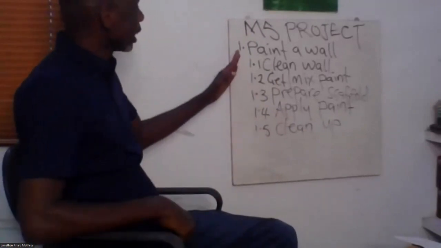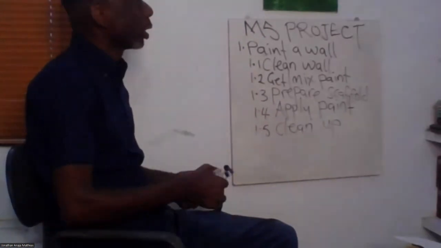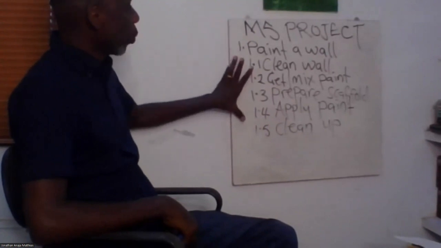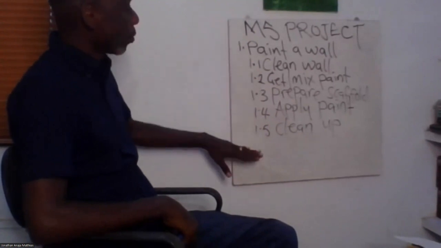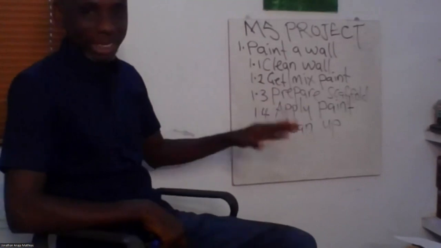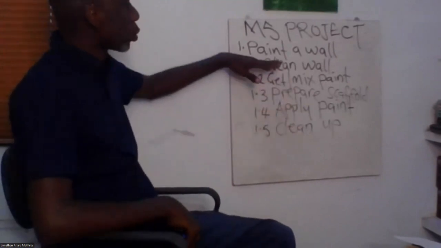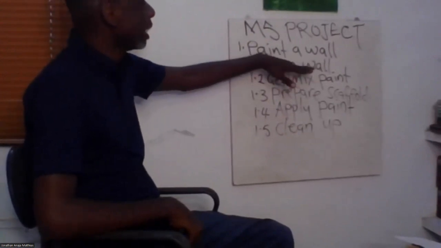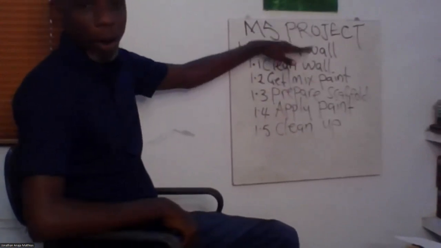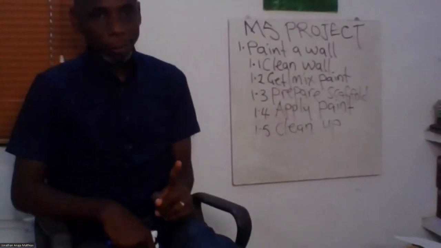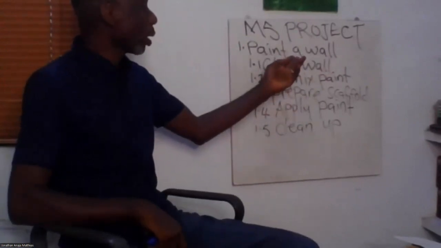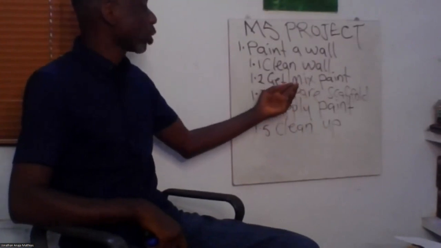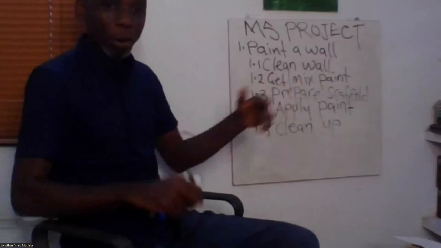Now, paint wall is like a summary activity here. Then we have 1.1 to 1.5 as the subtasks under the summary activity. So cleaning wall is a successor activity to painting wall, right? I mean, cleaning wall can be predecessor to getting the paints, but we're going to understand later.